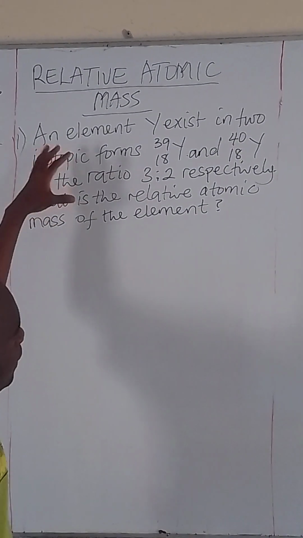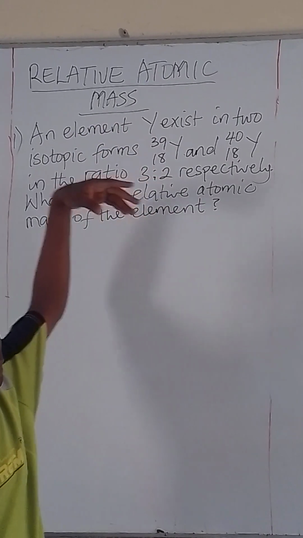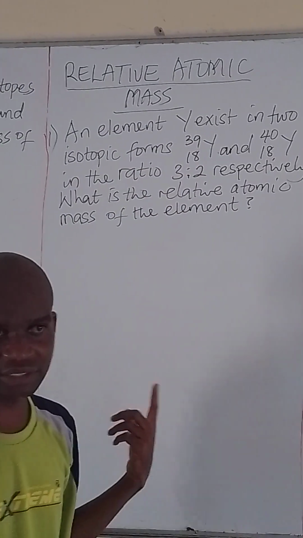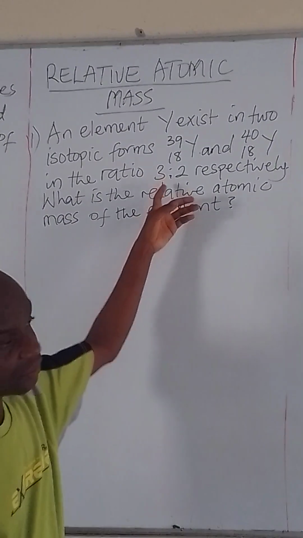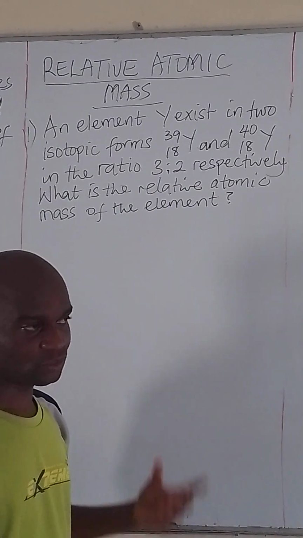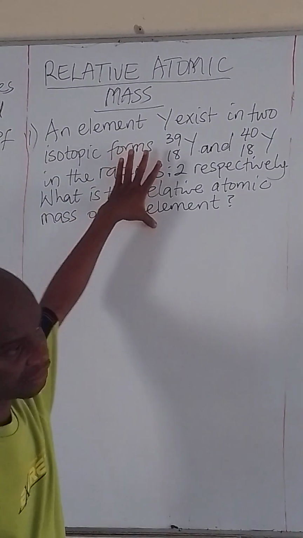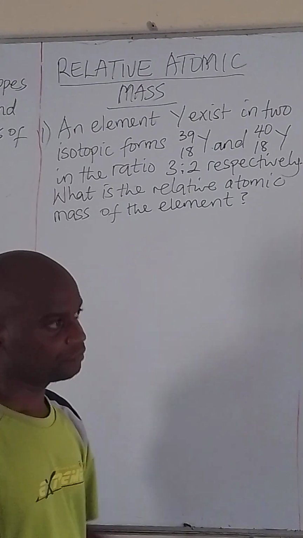Alright, if you look at this very well, you notice that in place of relative abundance, the ratio is given. So what do we do? We still have a formula that can help us solve this.